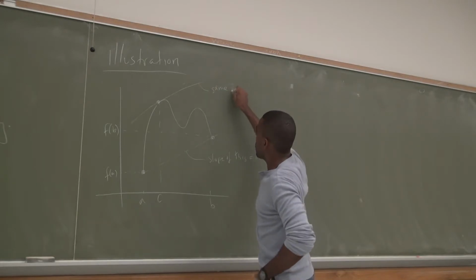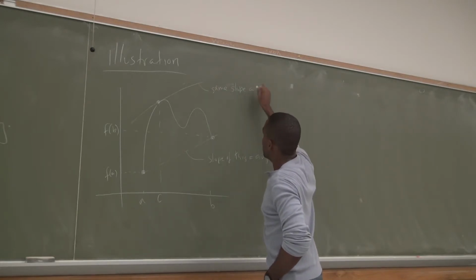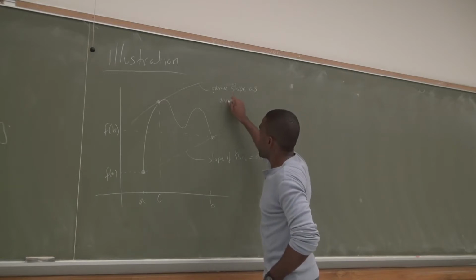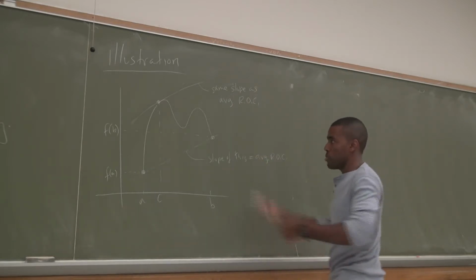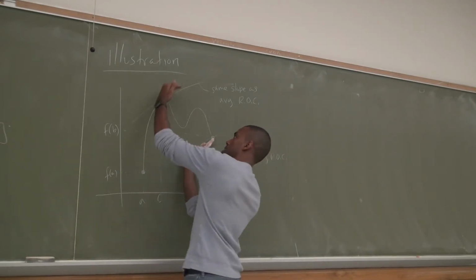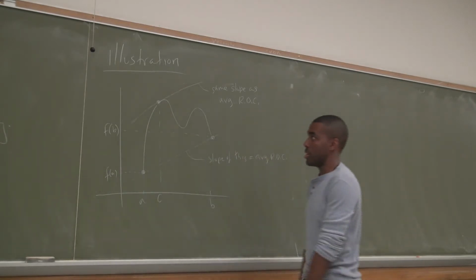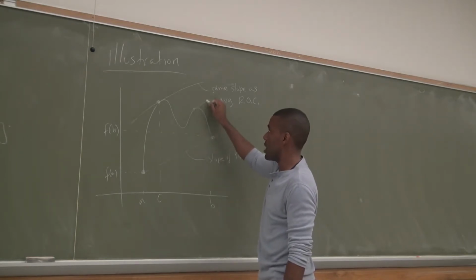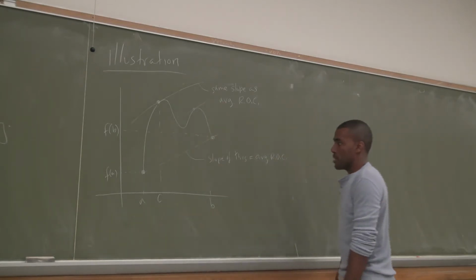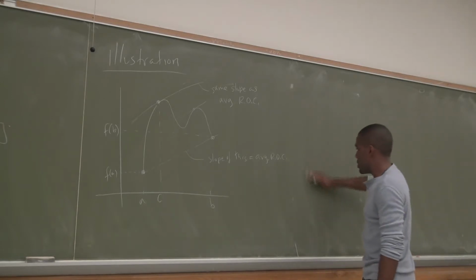Same slope as the average rate of change. There will always be a point in the interior where it's parallel to the secant line. That's basically what it's saying. And there could be several. For example, here would also have that. But it will always be true.